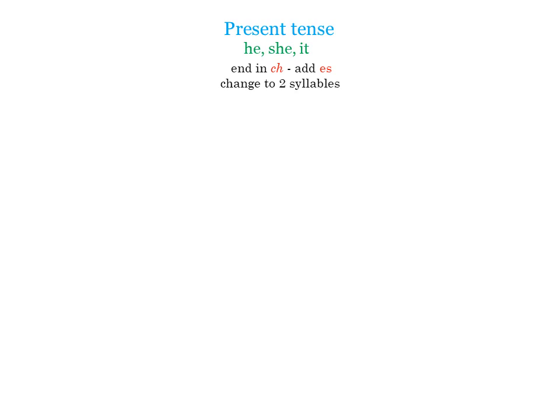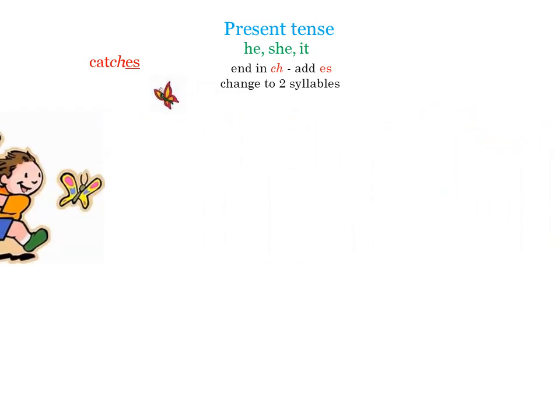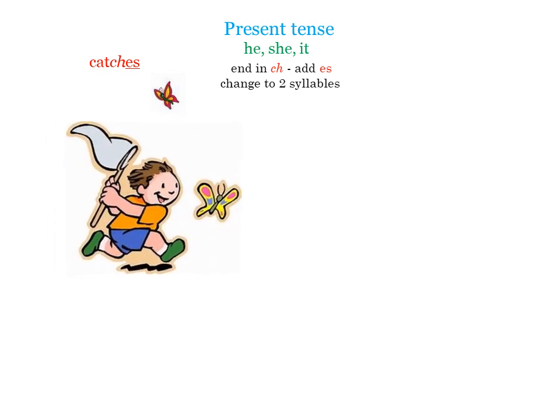For verbs that end in ch, add es and they change to two syllables. Catch, catches. What does Johnny do for fun? He catches butterflies.